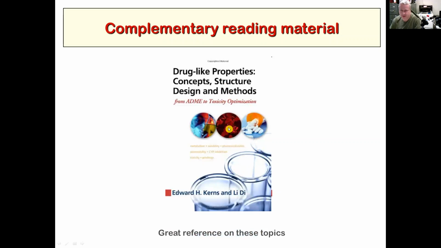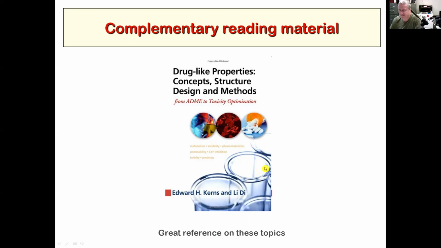So if you're into medicinal chemistry and want to read more, this is definitely a graduate level or maybe postdoc level textbook on all sorts of topics related to pharmacokinetic, physicochemical properties and drug likeness, those ideas. It's a pretty cool topic. There's a lot to it, and this is a book where I got a lot of the figures related to this.